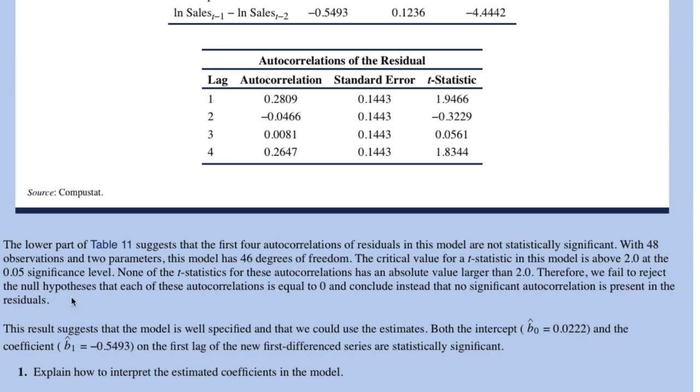Therefore, we fail to reject the null that each of these autocorrelations is equal to 0, and conclude instead that no significant autocorrelation is present in the residuals. This result suggests that the model is well specified and that we could use the estimates. Both the intercept and the coefficient on the first lag of the new first difference series are statistically significant.